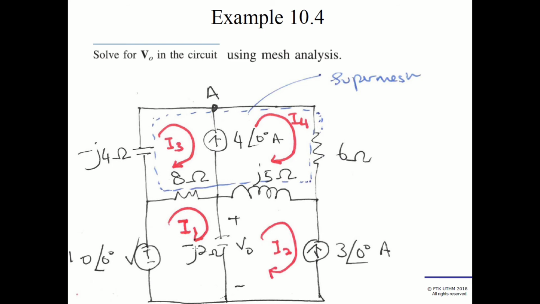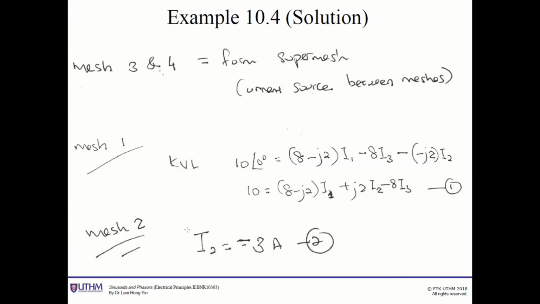Once you know the I1 and I2 values, you can get V0, because V0 is equal to I times R, which is I1 minus I2 times minus J2 ohm.